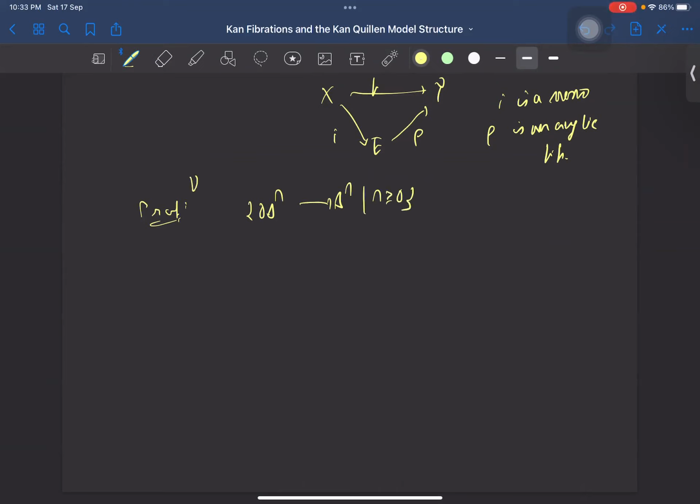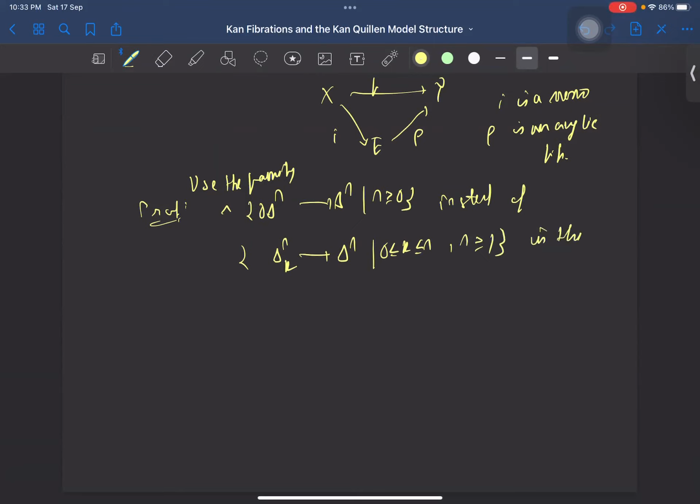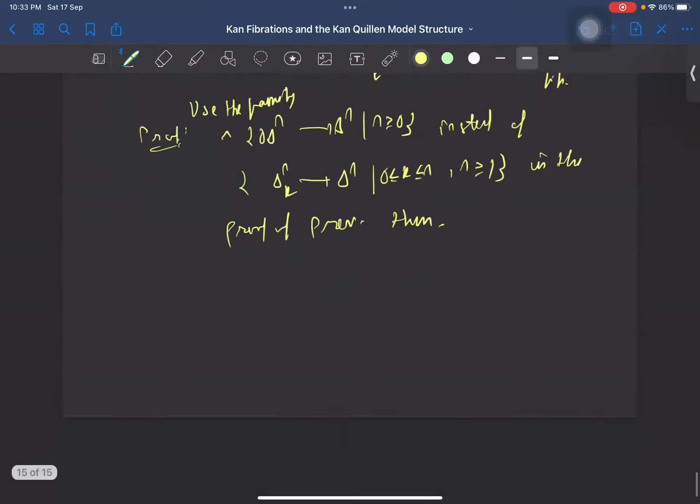Use the family instead, in the proof of the previous theorem.